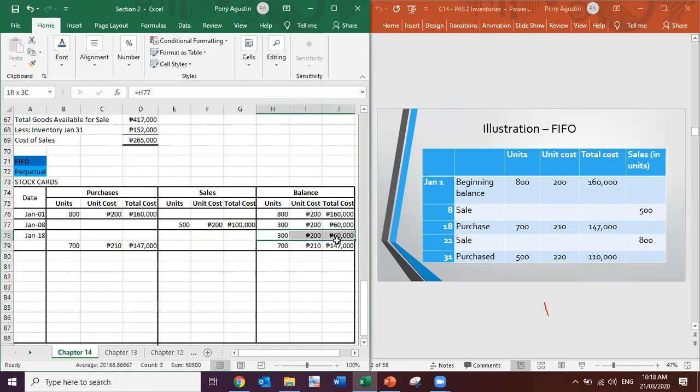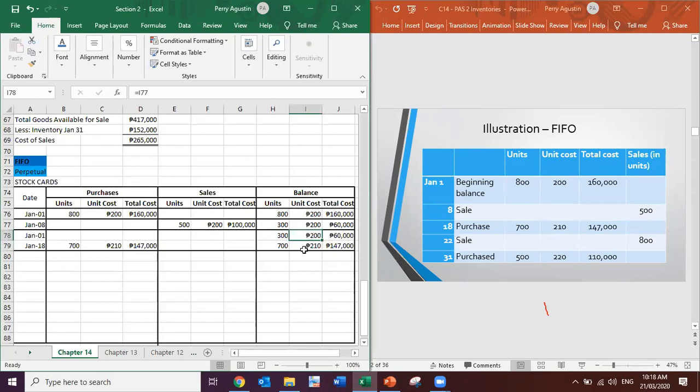Meron kang 300 at saka meron kang 700. Did you get it? Did that answer your question? All right, there you go. So nilalagay lang natin siya dito sa column na to para malaman natin na, we still have 300 pala coming from January 1. And meron pa tayong inventory coming from January 18. Kaya natin siya pinagsama kasi we cannot add the two kasi they have a different cost.